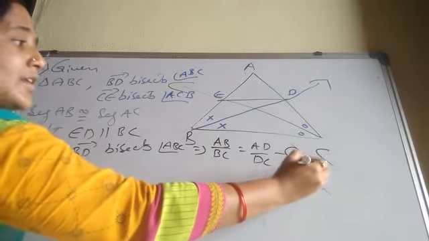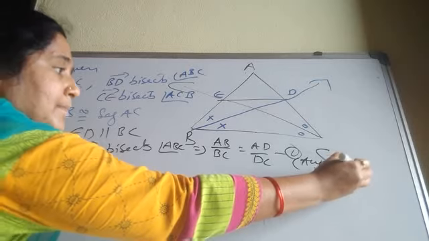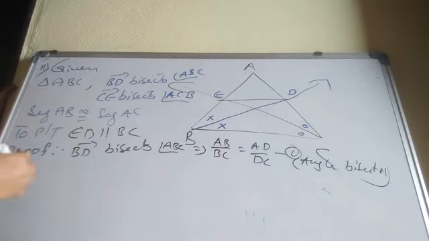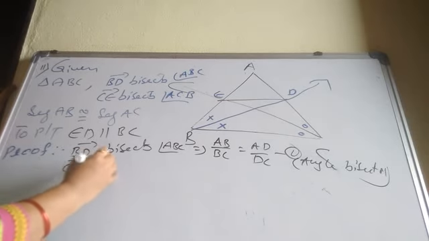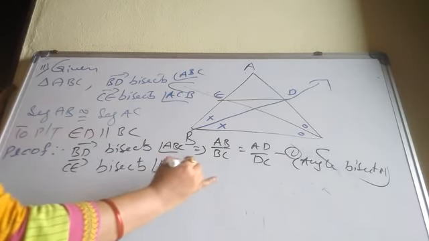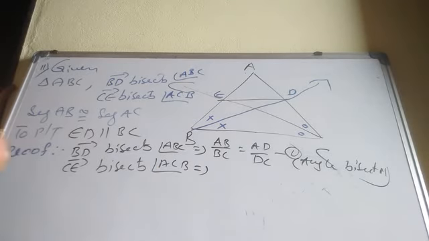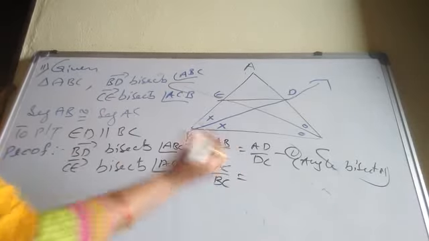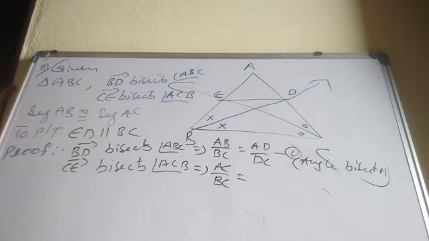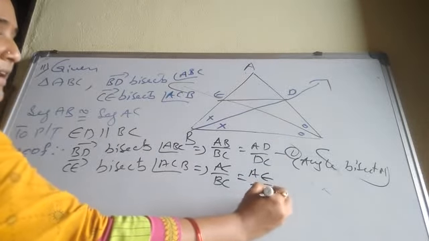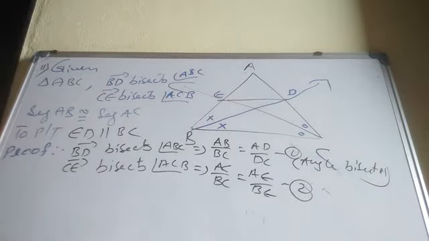How did we get it? By the angle bisector theorem. Second, ray CE bisects angle ACB. The condition is what? AC upon BC equals AE upon BE. This is number 2.